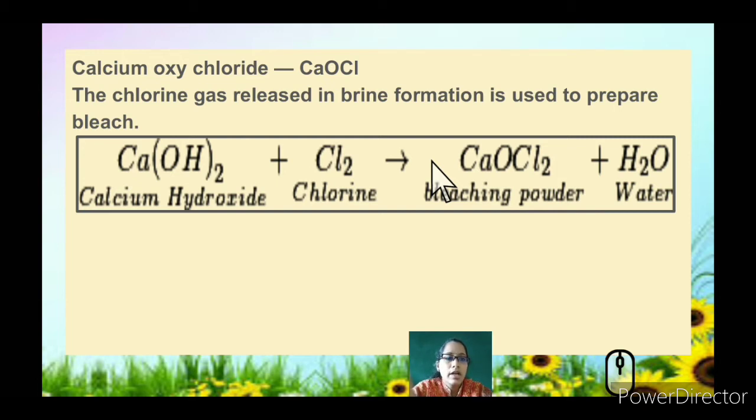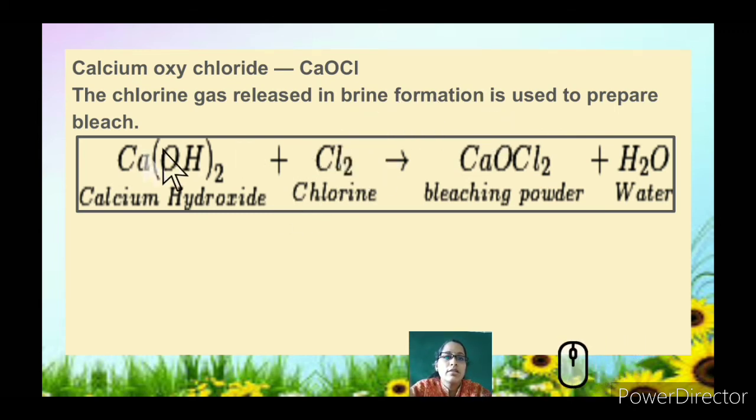To the beaker we have placed electrodes, that is anode and cathode electrodes. You can see that when an electric current is passed, these water molecules and sodium chloride get dissociated and the byproducts are formed. You can see chlorine gas was also released in the brine solution.